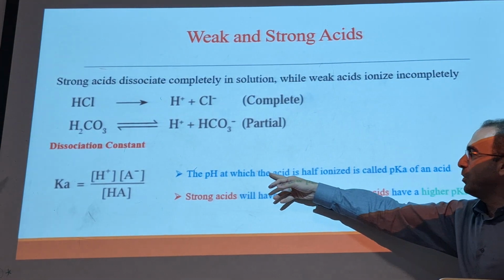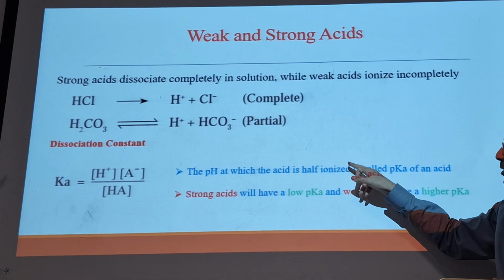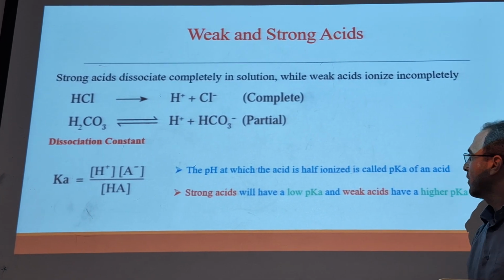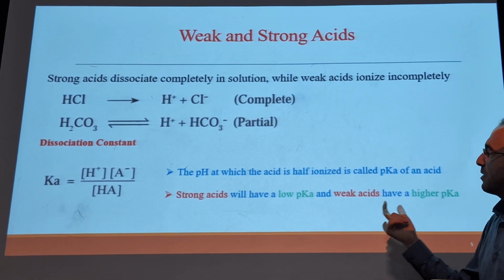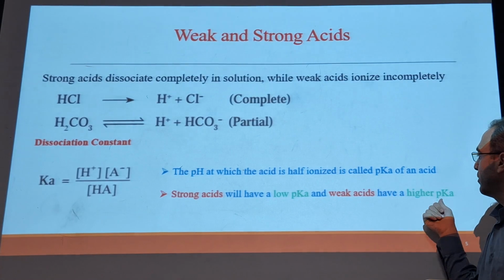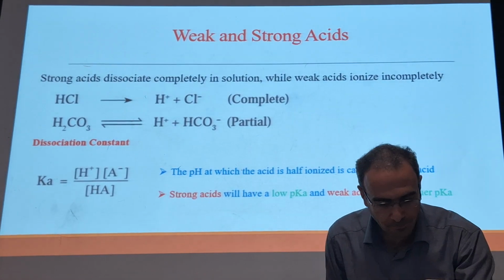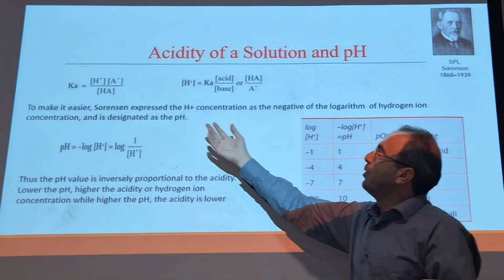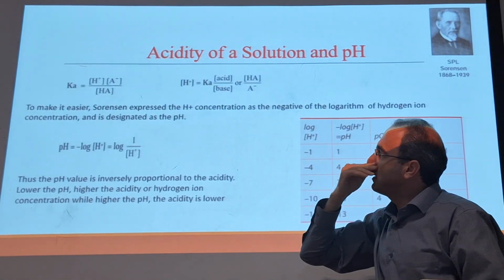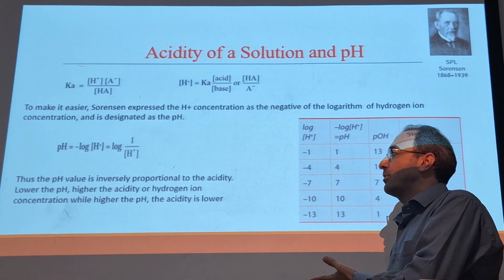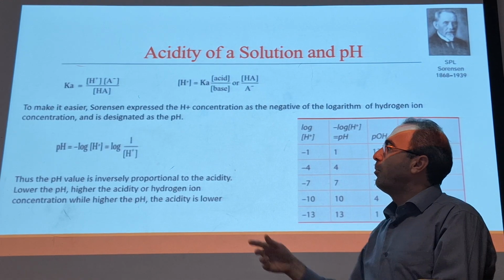The pH at which the acid is half ionized is known as the pKa, which for a strong acid is low, and for a weak acid is high.